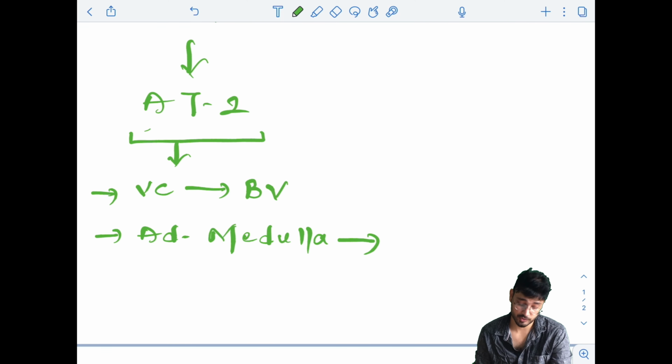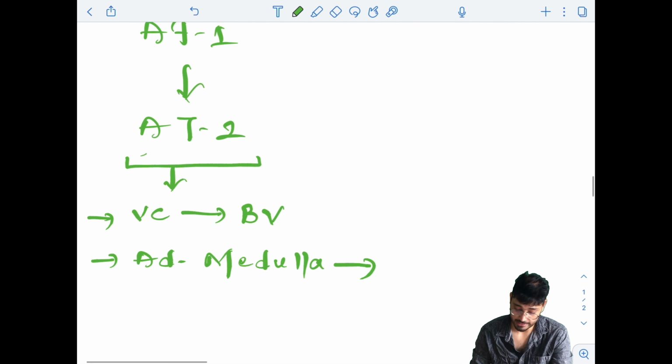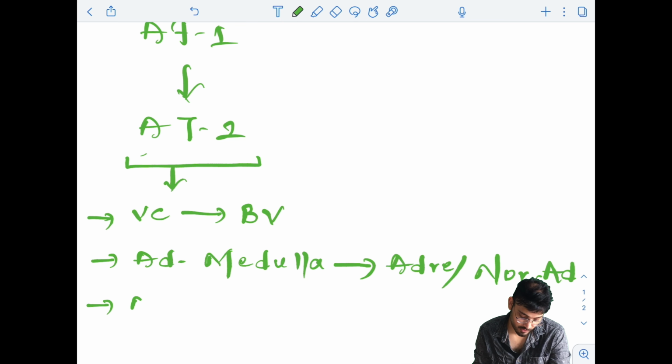If it acts over the adrenal medulla, it will again release adrenaline and noradrenaline. Again, it will also act over the adrenal cortex.